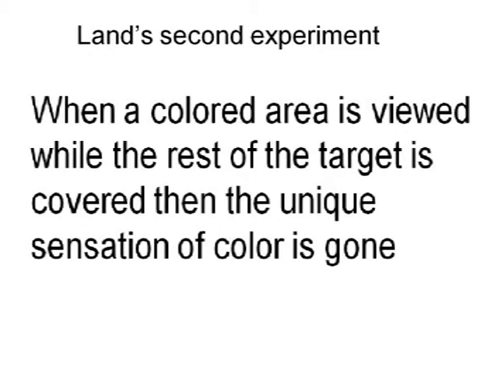In the second experiment, Land repeated the first experiment while he covered with a black cloth the area of the target which was not viewed by the observers. Under these conditions, the color sensation of the observed area was not preserved for the observers.